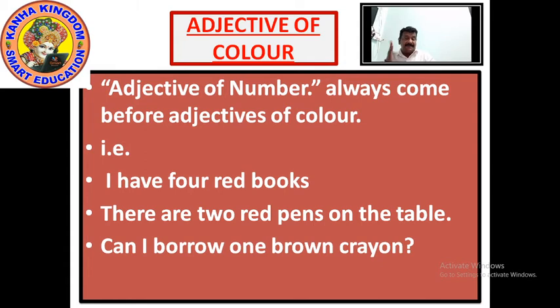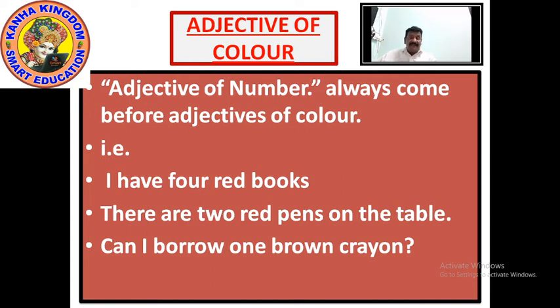So always you can see the adjective of color is there, and before that the adjective of number always comes. Now it should be clear. Adjective of number always comes before adjective of color. For example, I have 4 red books.